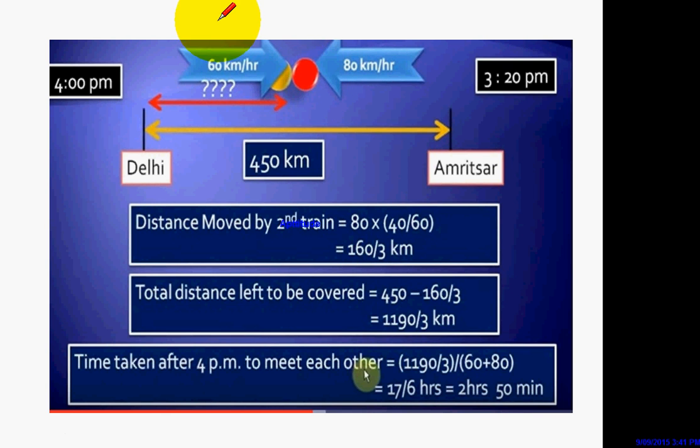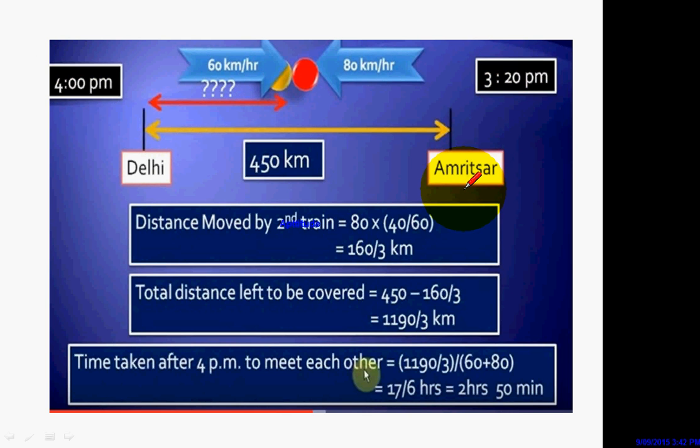The speed of the first train is 60 km per hour and the second is 80 km per hour, and both are traveling in opposite directions, which the arrow marks indicate. And what about the time? The first one starts at 4 p.m. and the second one starts at 3:20 p.m.